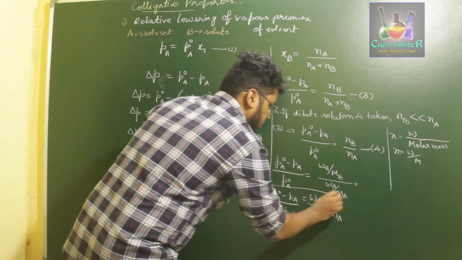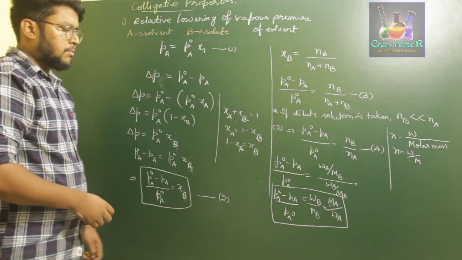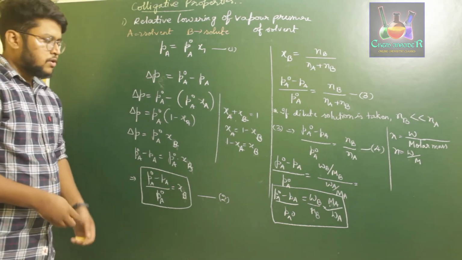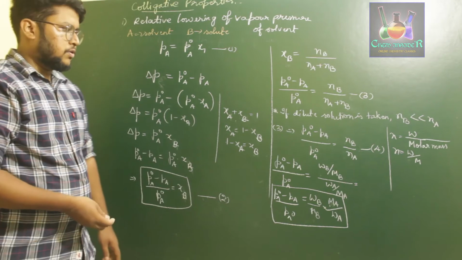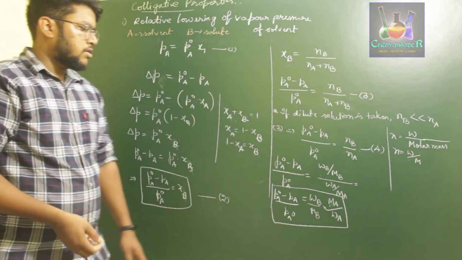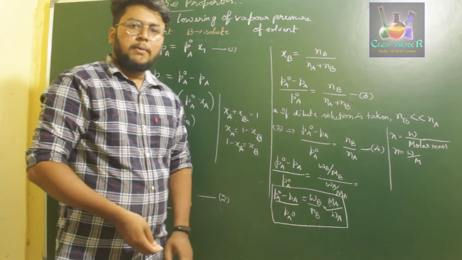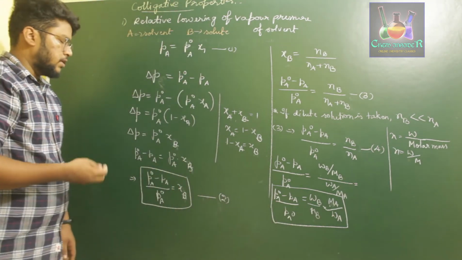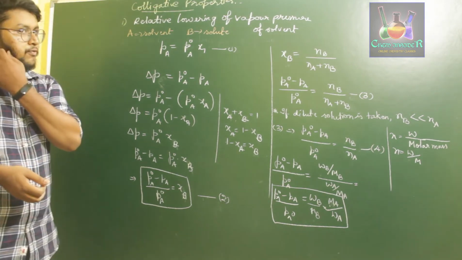So this is the equation which we can use to determine the molar mass of the solute taken. Here, the molar mass of the solute Mb is depending upon the relative lowering of vapor pressure. So what does relative lowering of vapor pressure say?